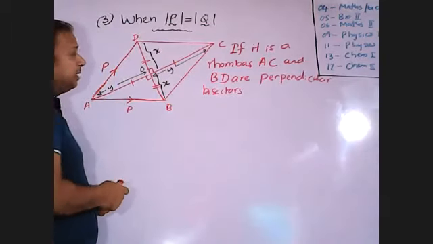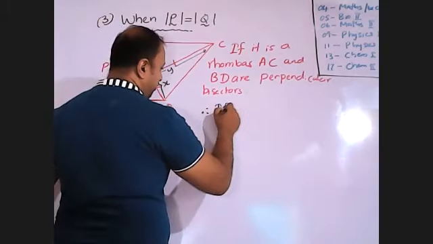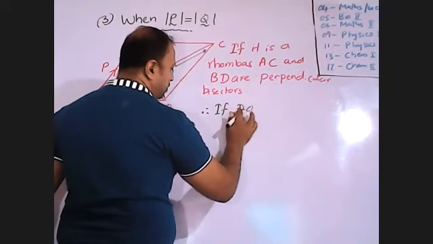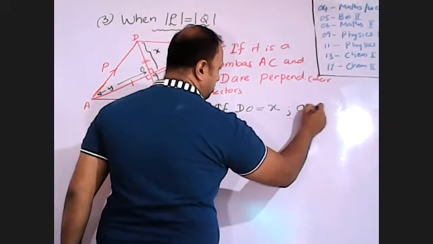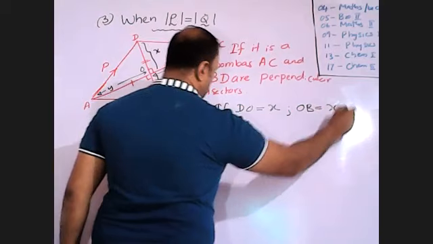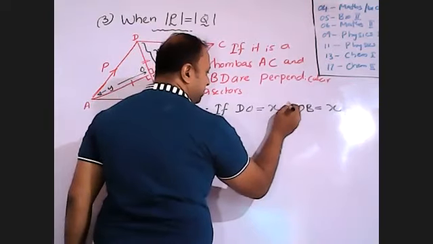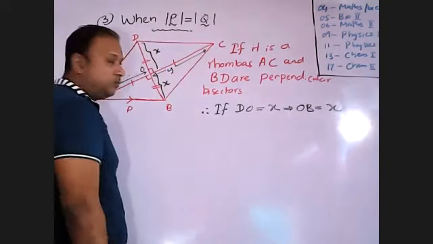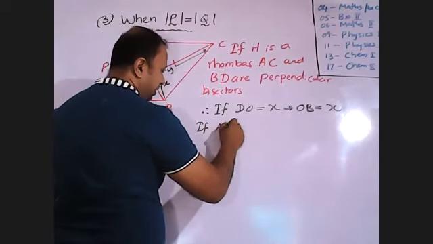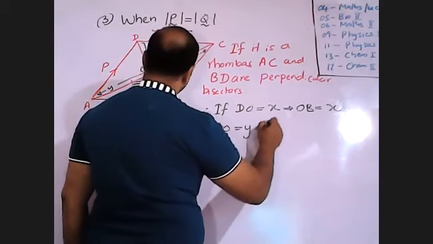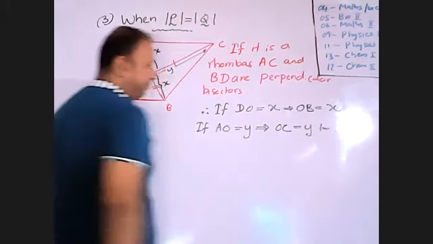Therefore, if DO length is equal to OB, if DB is equal to 2X, then OB is equal to X. If AO is equal to Y, then OC is equal to Y. Okay.